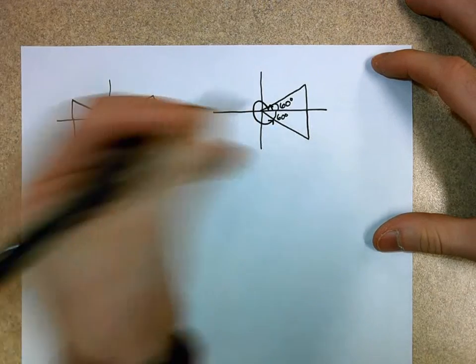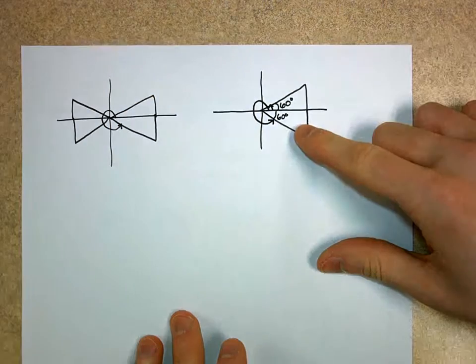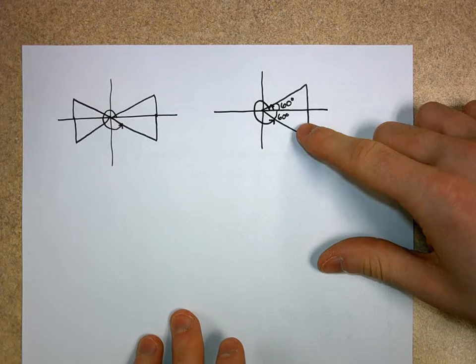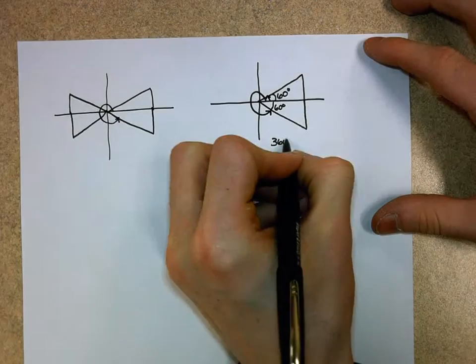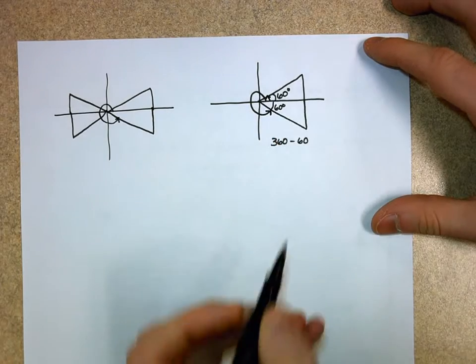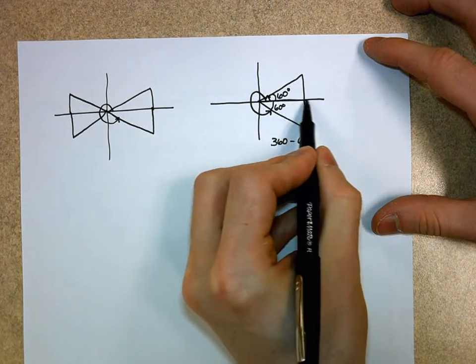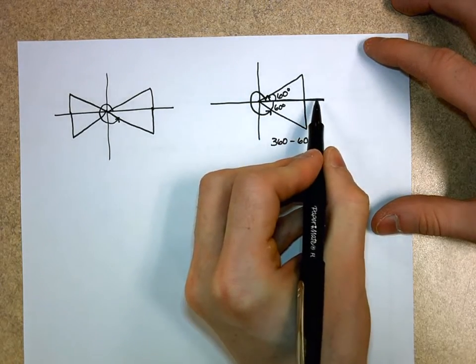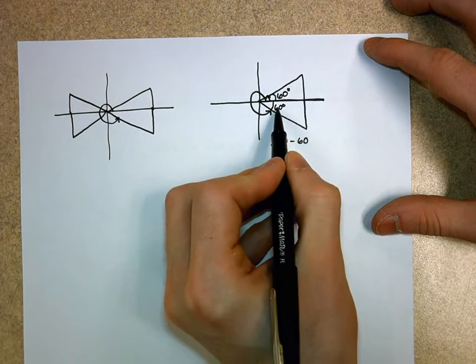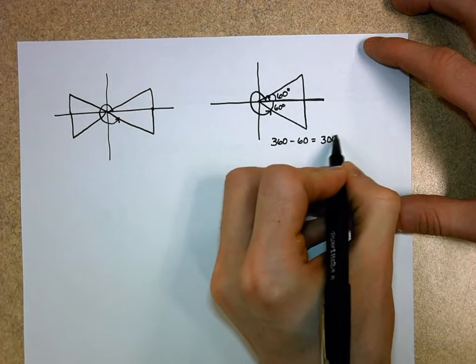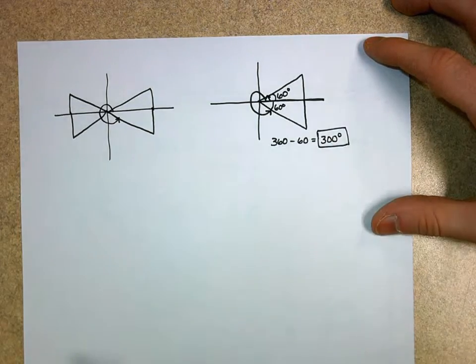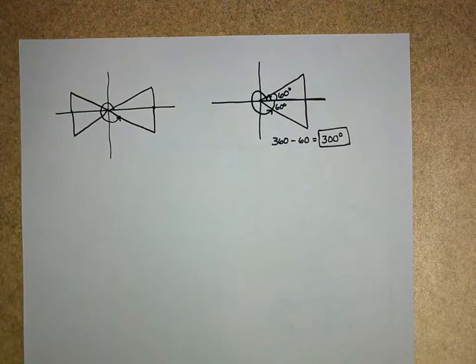I need to go around here in order to get this angle. And that angle, we know, is going to be 360 minus 60. Since I'm based off the x-axis, I know this is going to be 360 degrees, and I'm going to subtract this angle measurement to figure out the distance there, which is the 300 degrees.